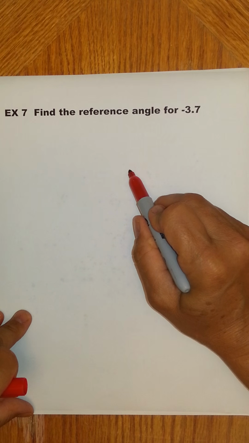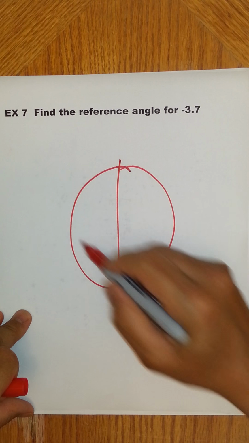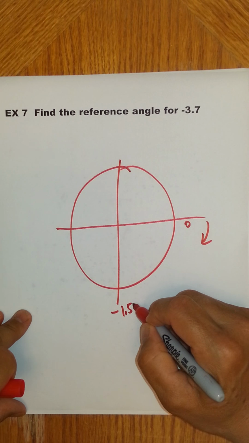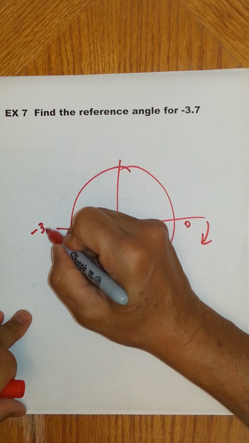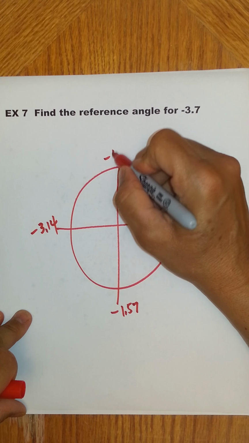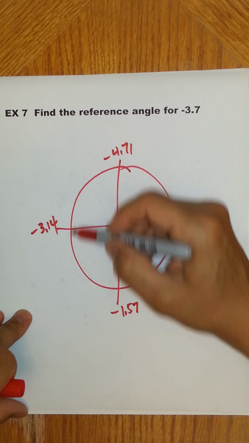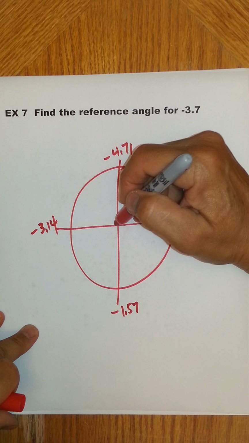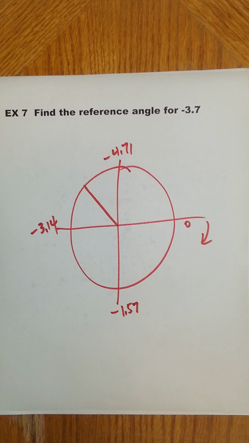Now again, this is less than 1 revolution, so let's find out where we are. Starting at 0, going in this direction, negative 1.57, negative 3.14, negative 4.71. So we're rotating around in this direction, and we're somewhere in here. So again, I always tend to draw them almost as if they're 45 degrees.